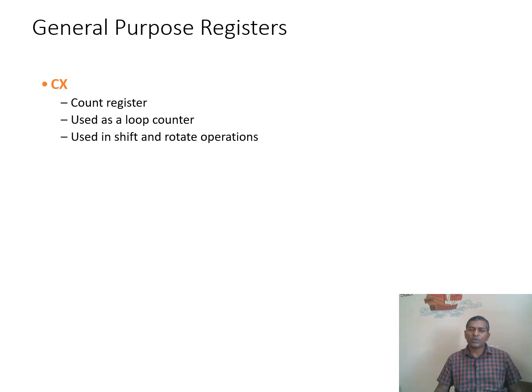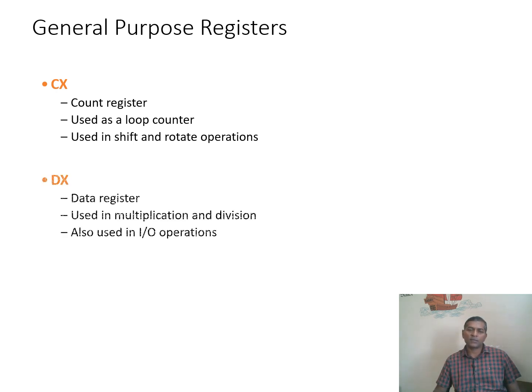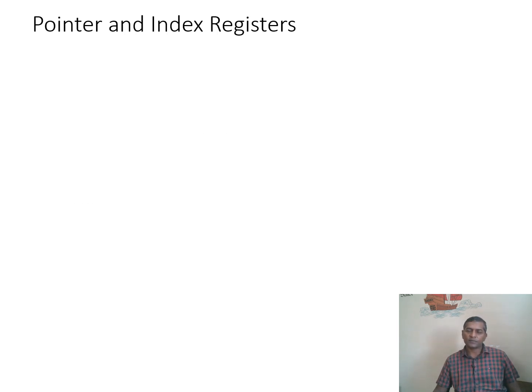It is also used in rotate and shift kinds of processing. There are some instructions known as shift and rotate. In these kinds of instructions, the CX register will be used. We have DX data. As I said, this will be used for multiplication and division and I/O operations.